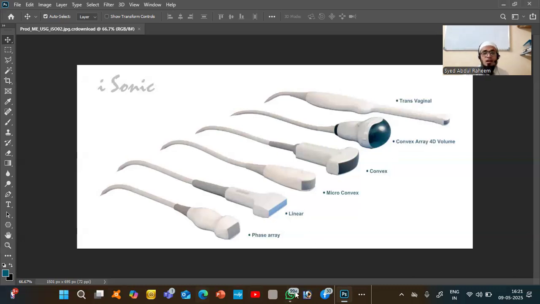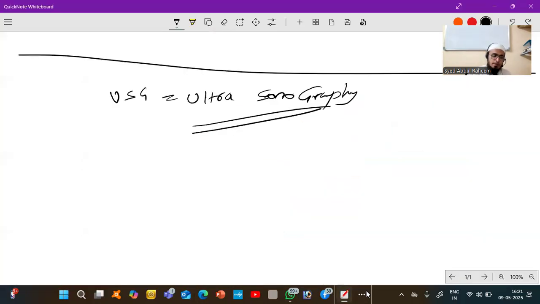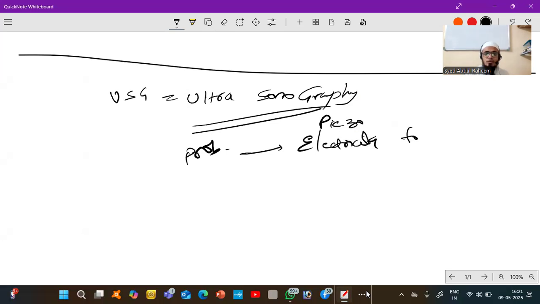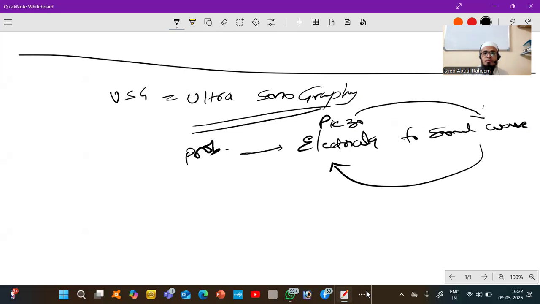This is how ultrasonography works. So the probe has the ability to convert piezoelectricity into sound waves, and vice versa, sound waves into electricity.